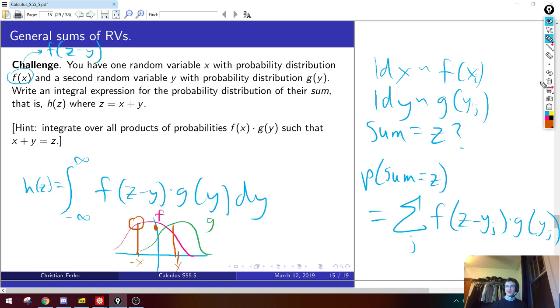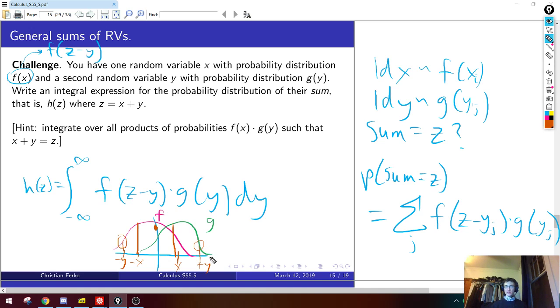Maybe f outputs some different number, way over here, say minus y, and g outputs some number way over here, which is plus y. I had better account for that contribution as well, which means I take the probability that f gives me minus y times the probability that g gives me plus y, and I add those together.